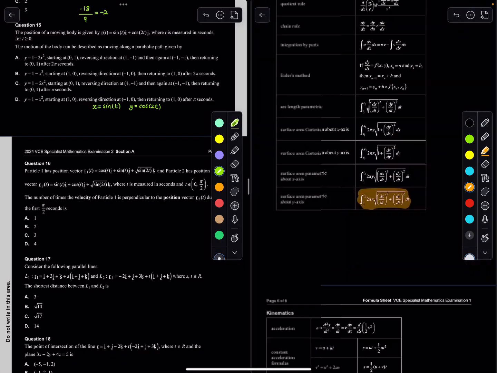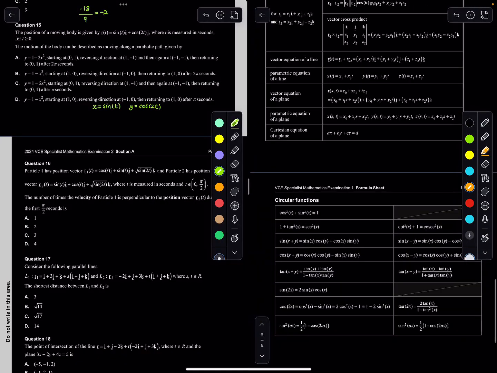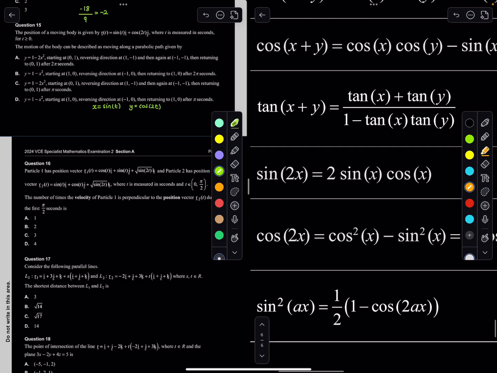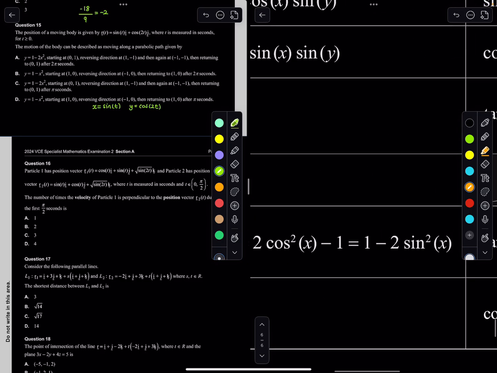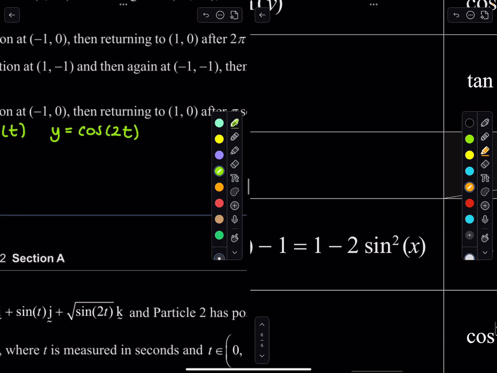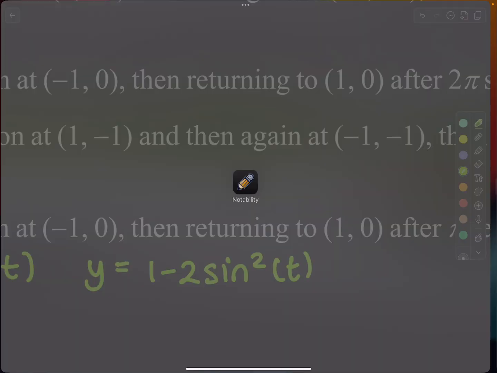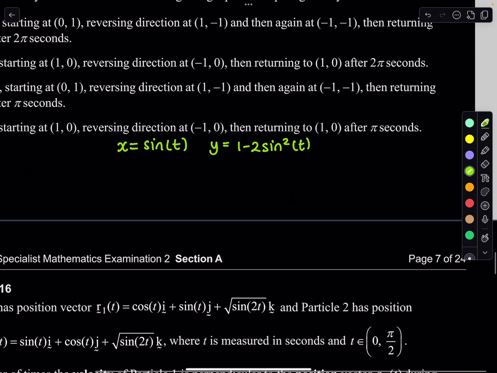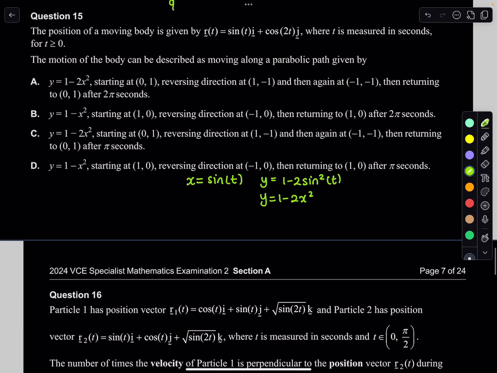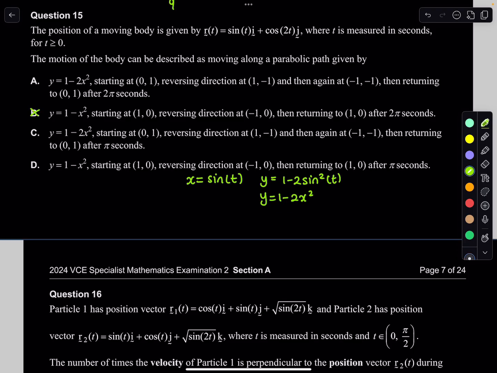Going down, cos 2t you can write like this, but since we have sine, we can write it as 1 minus 2 sine squared t. So y equals 1 minus 2 sine squared t. We know that sin t is x, so y equals 1 minus 2x squared. That is your equation, which is not B, and it's not D.